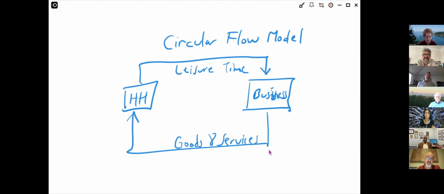Now, there are 3 major assumptions here. 1, no government, which means that there's no tax at the introductory level, and that gives teachers room for scaffolding in K-12. 2, there's no international trade. 3, there's no financial sector or banking system.